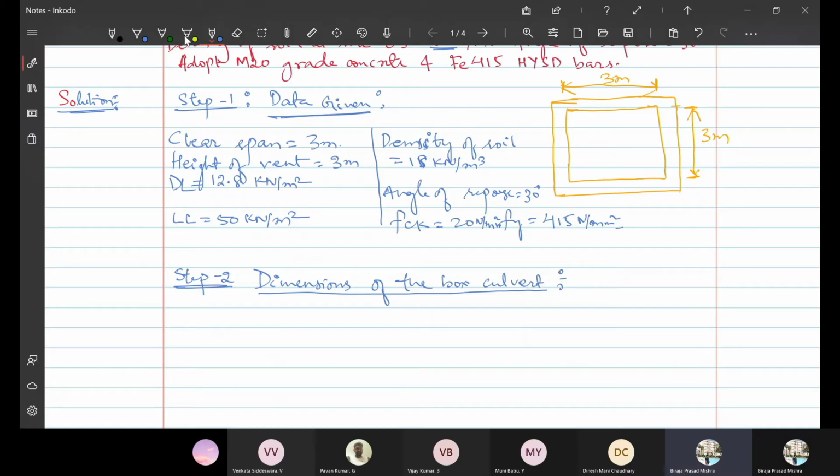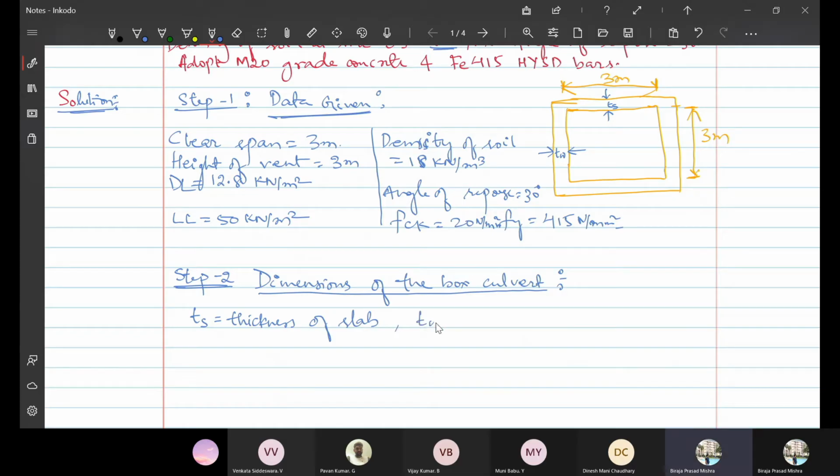Let us say this thickness we call TW, that is thickness of web, and this thickness we call TS, thickness of slab.